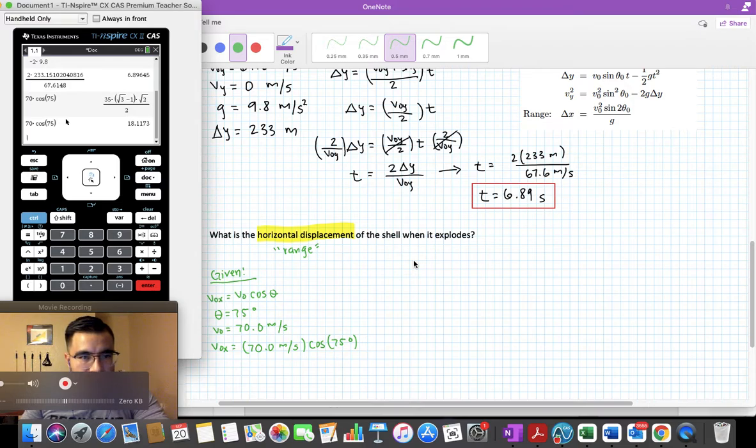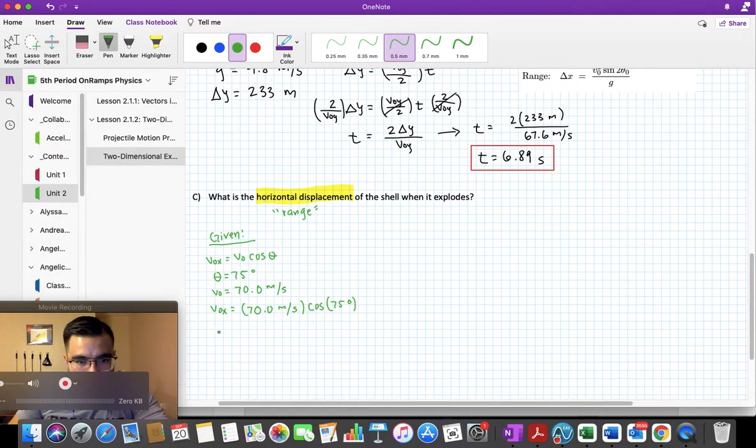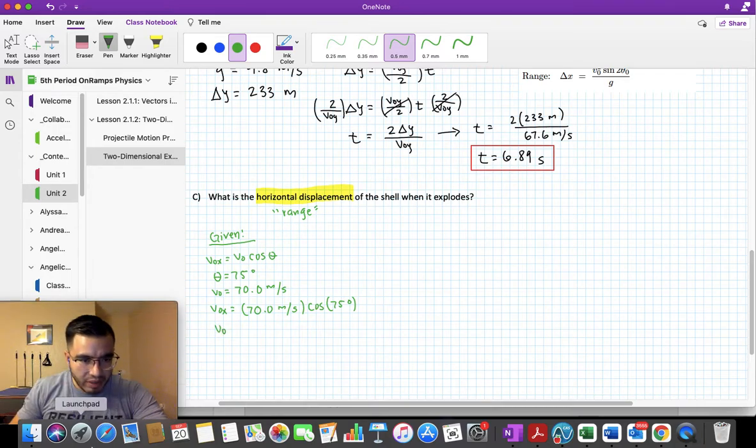Significant digits, we set 3, so 18.1. There you go. V naught x equals 18.1 meters per second.